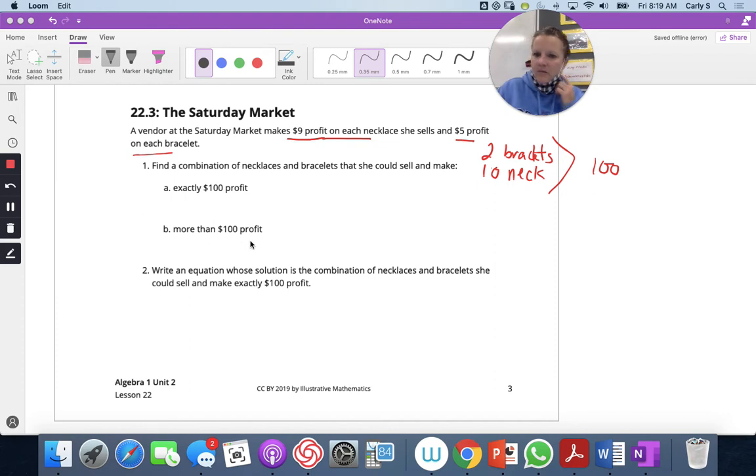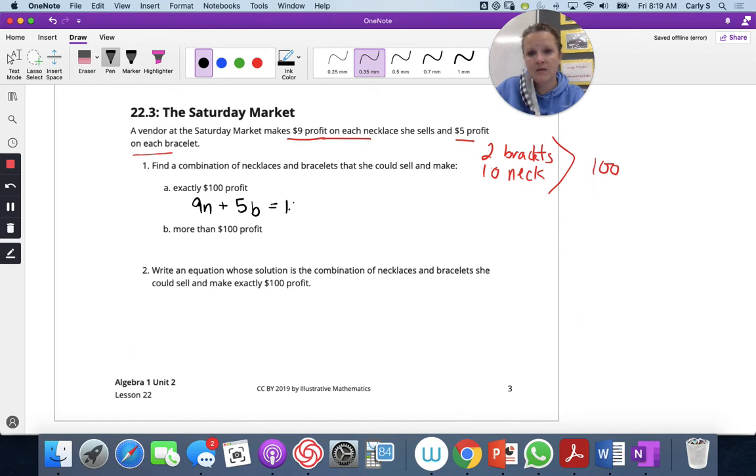All right, how about more than $100 profit? So now we want, so this right here would be 9n plus 5b equals 100. Now I want it to be more than $100 profit. Greater than or equal to, well, it just says more than, so that's just greater than $100 profit. So let's do, I don't know, 10 bracelets.